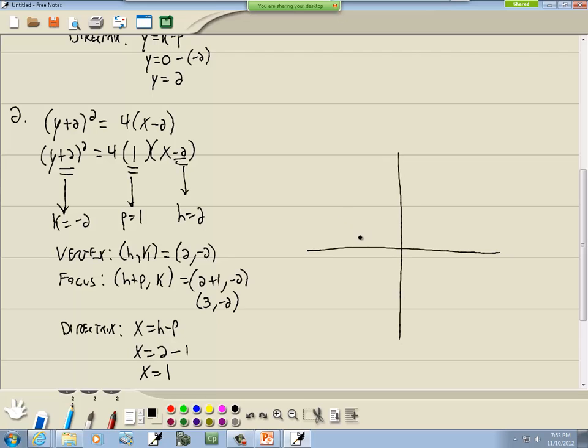Okay, let's graph this. Our vertex is 2, negative 2. So 2, negative 2, that's our vertex. Our focus is 3, negative 2, and our directrix is x equals 1.